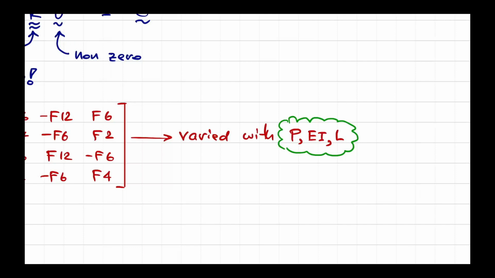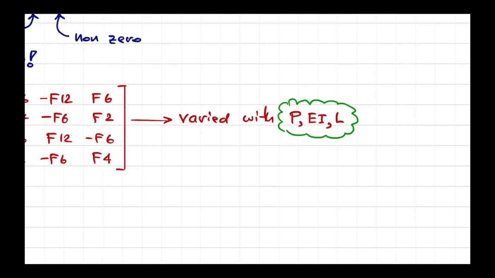When you do the buckling analysis, what is changing? L doesn't change. EI doesn't change. You have the fixed structure. The structure will not change EI all the time, increasing the cross section by itself.